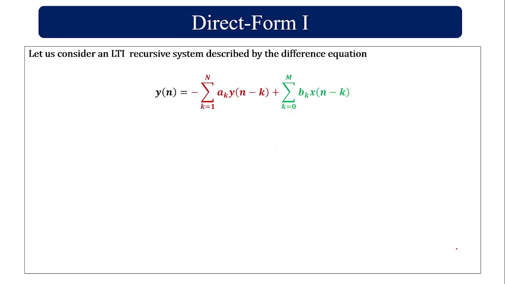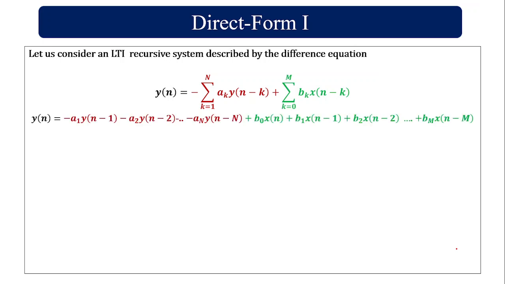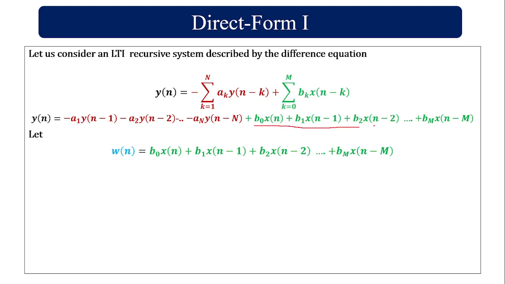So we are going to consider the basic difference equations here. In this one we are going to take two equations. All the input and the delayed versions of the input will be equated to w of n, that is your temporary function, and then I will be replacing it into the main equation. So y of n is equal to minus a1 times the delayed version of your output, plus your w of n.